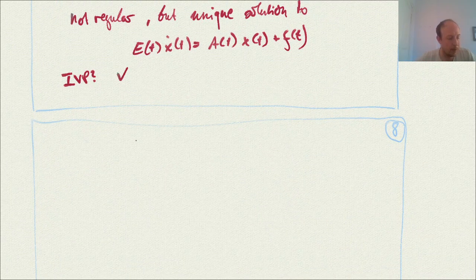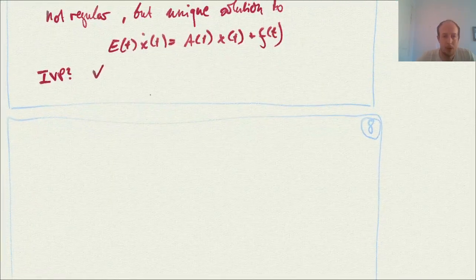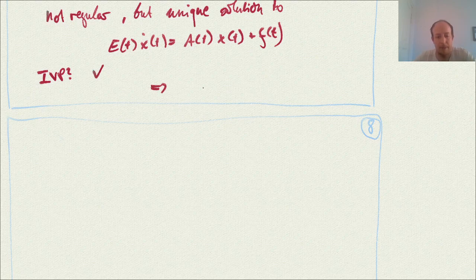All right. And what does this now mean for us? So conclusion here: we need more concepts.